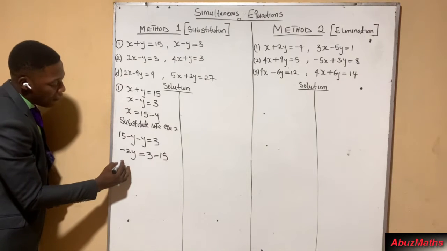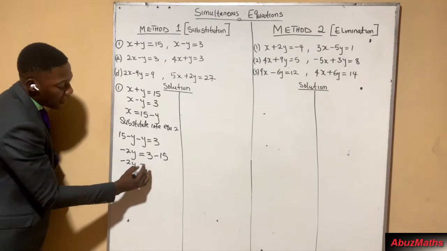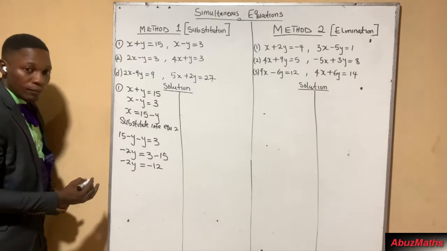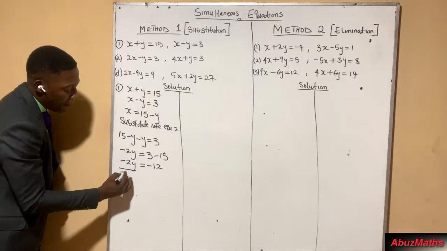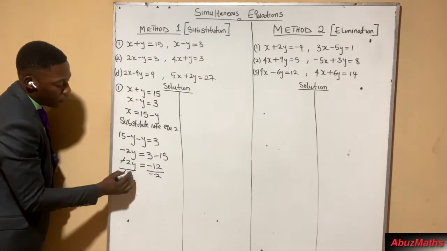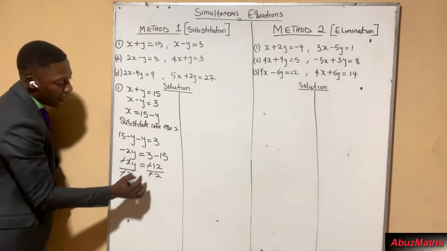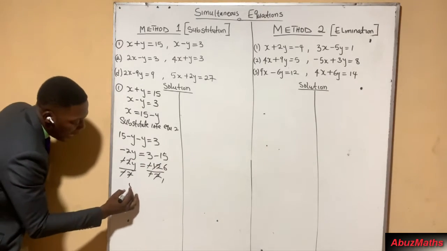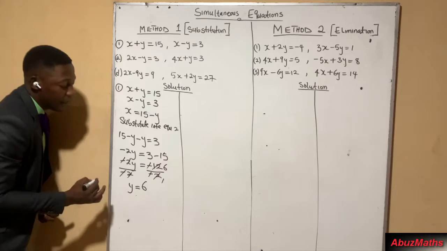Now here I will have minus 2y is equal to minus 12. Now, if I divide both sides by minus 2, minus cancels minus, 2 cancels 2, here 1, 2 here 6. So y will be equal to 6.